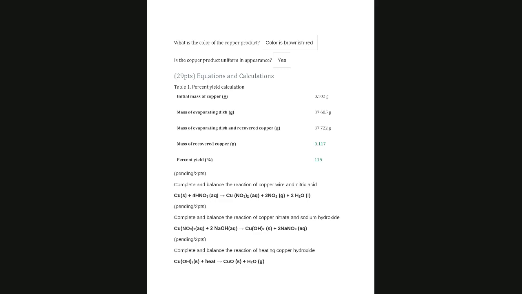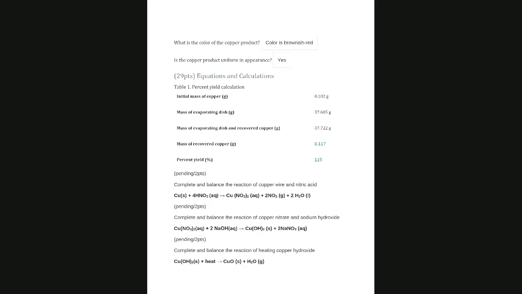Same as I did in the example, in the learning check that we did together. Exactly. Thank you, Emily. We subtract. Awesome. Douglas is saying 37.722 minus 37.605. Perfect. That is correct.